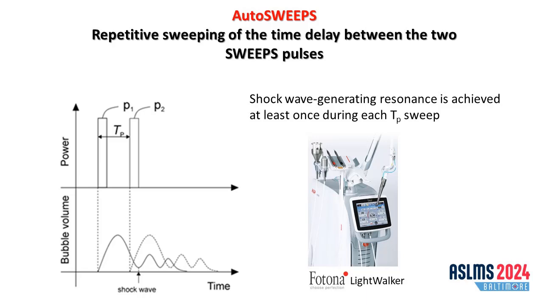So the final outcome is that the resonant condition is established at least once during such a cycle. Typically there is a certain range of times where this resonant condition is established. And there are some other benefits because of this fast sweeping and changing conditions. There is additional turbulence occurring in the fluid as well.